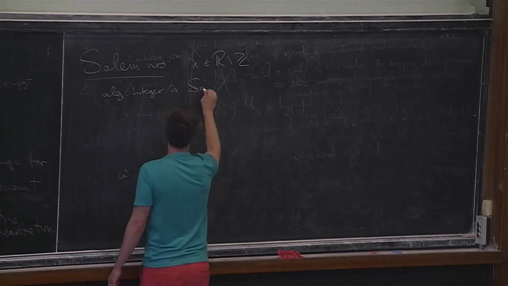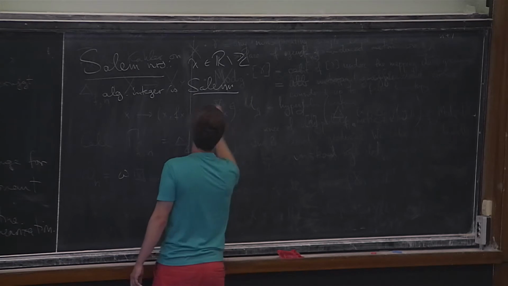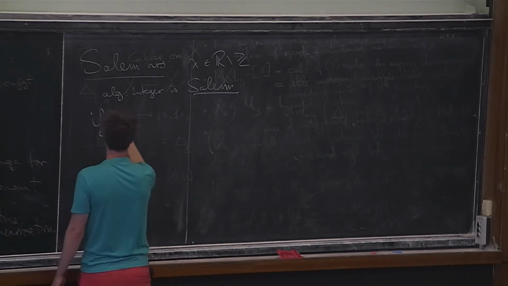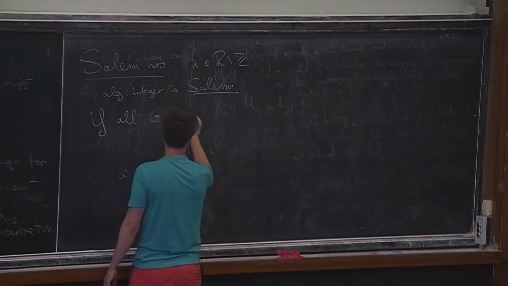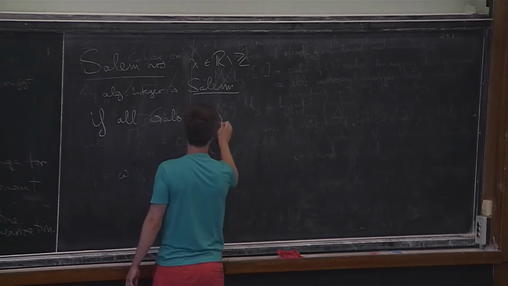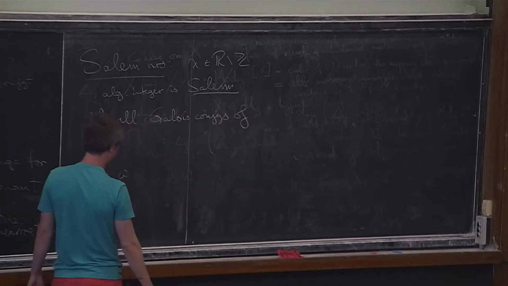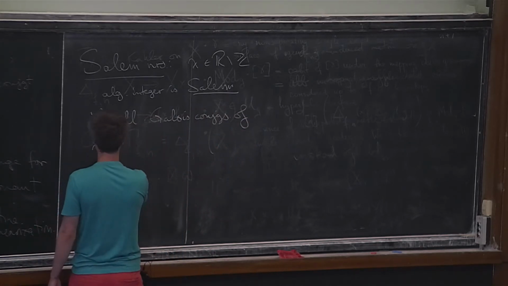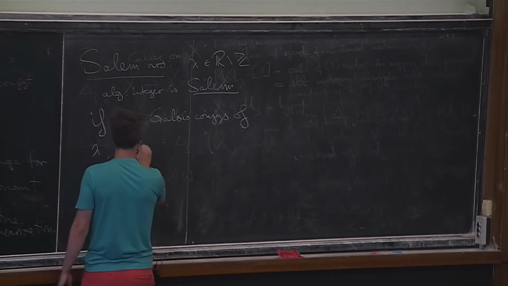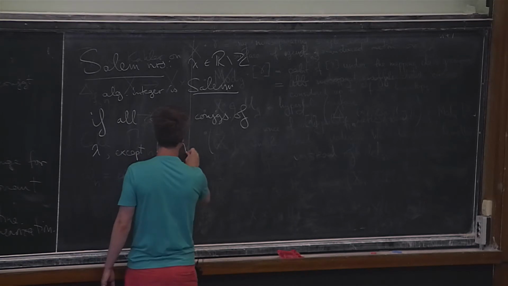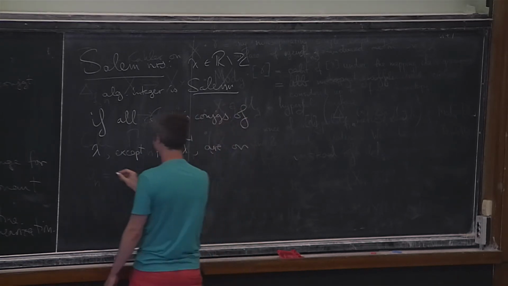It is Salem if all the Galois conjugates of lambda, except possibly lambda inverse, are on the unit circle.